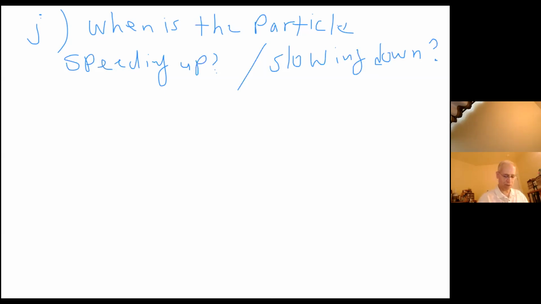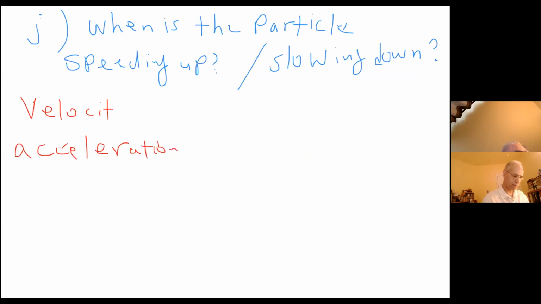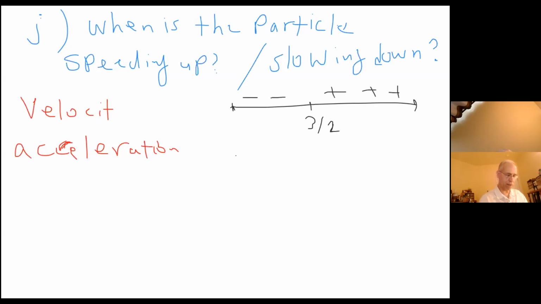So the easiest way is to just write down velocity and write down acceleration. Remember that for the velocity, we said starting from 0, and here was 3/2, all the signs were negative here, all the signs were positive in here. And for the acceleration, we said that the acceleration was 2 feet per second squared, so everything is positive.